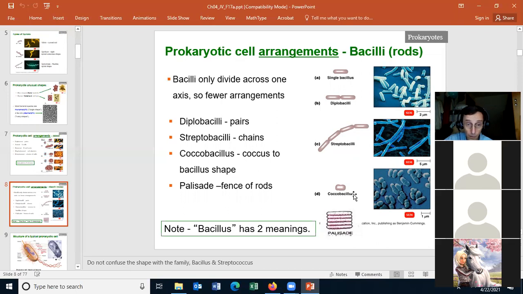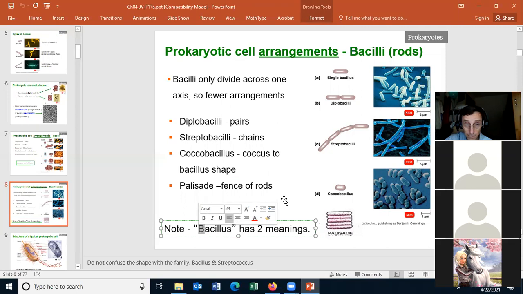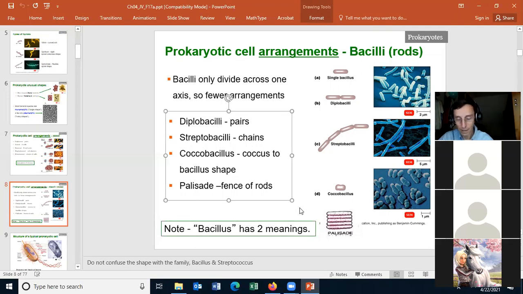Now, let me warn you that when you see the term bacillus, it has two meanings. If it is a capital B, it means it is the family of Bacillus. So there are different genera or species within this family.